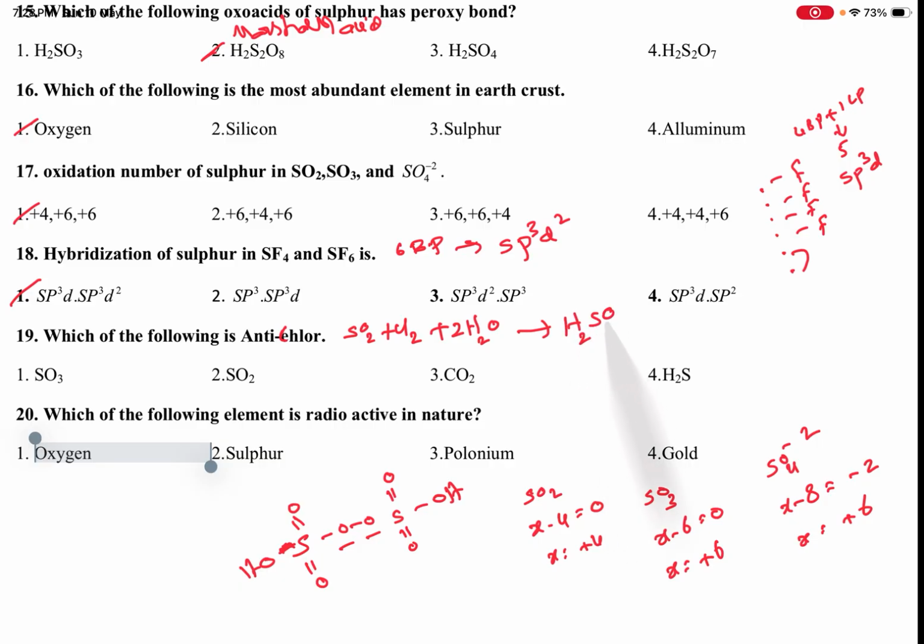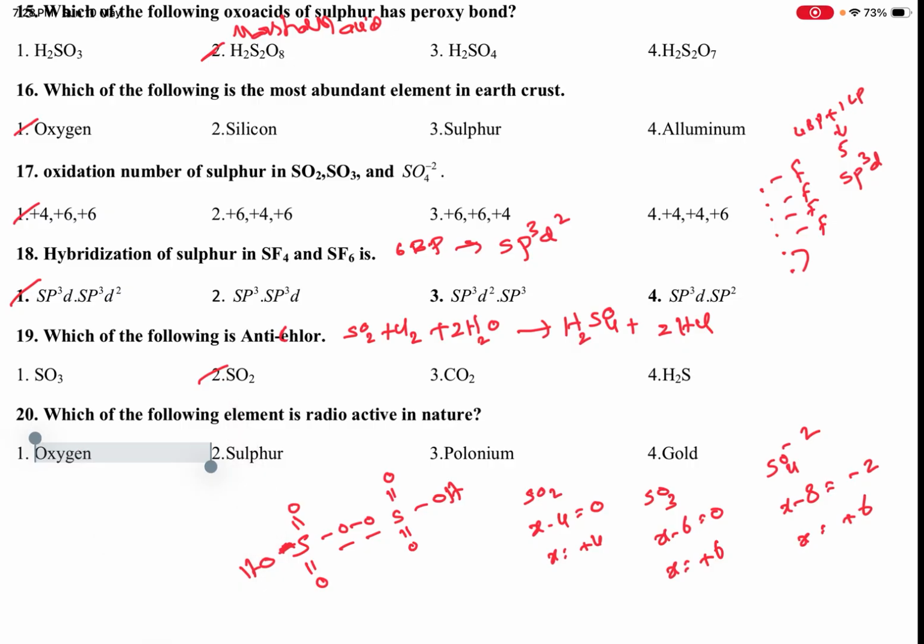It is converted to sulfuric acid plus HCl. Here SO2 neutralizes the chlorine and removes the excess. So the anti-chlor is SO2. Options: 1 SO3, 2 SO2, 3 CO2, 4 H2S. So sulfur dioxide is the anti-chlor.